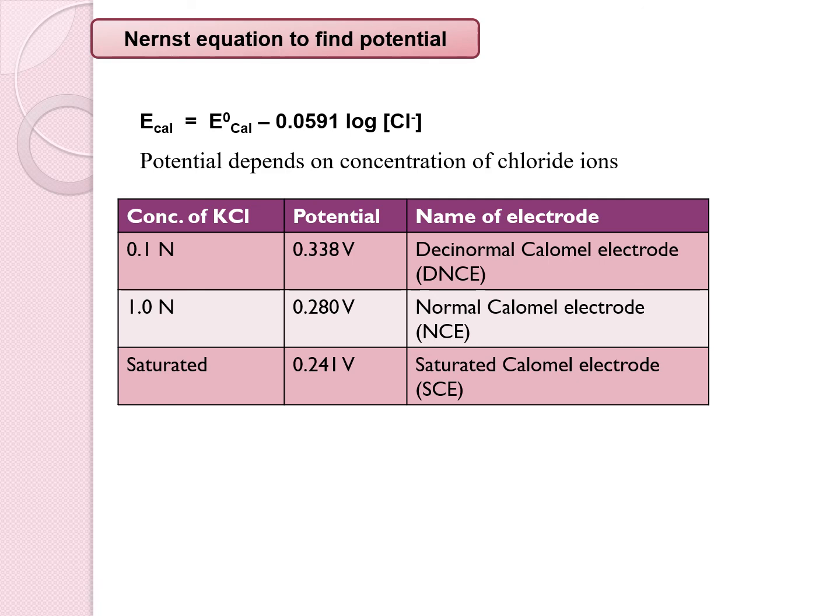From this table you can see that the concentration of KCl is increasing from 0.1 normal to 1 normal to saturated, and that has affected the potential value, which is decreasing. So this is about the calomel electrode.